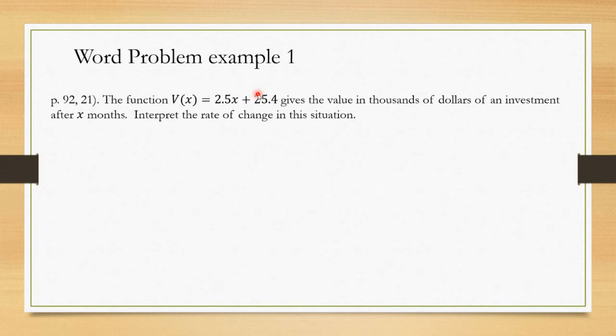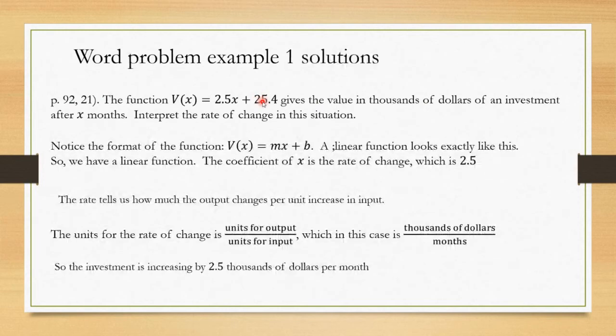Remember, rate of change is slope. And notice also, this is in the form of mx plus b. That tells you it's linear. And the coefficient of x here is our slope, our rate of change.